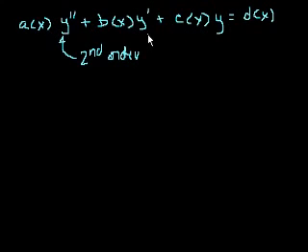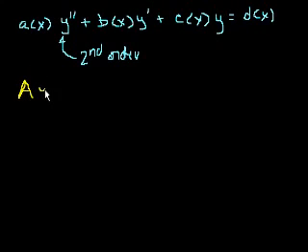And now before we start trying to solve this generally, we'll do a special case of this where a, b, c are constants and d is 0. So what will that look like? I could just rewrite that as a, and now a is not a function anymore, it's just a number.